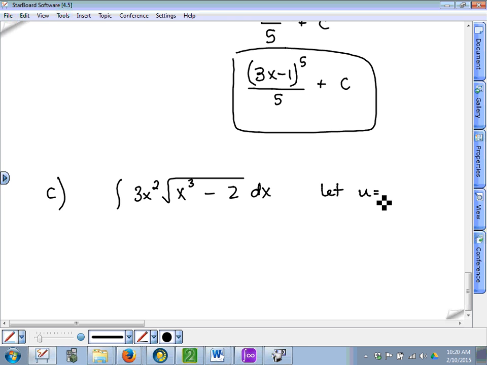So what are we going to let u equal? Remember, all we want to let u equal is an inside function. Do we have an inside function? Yeah, x to the 3rd minus 2.